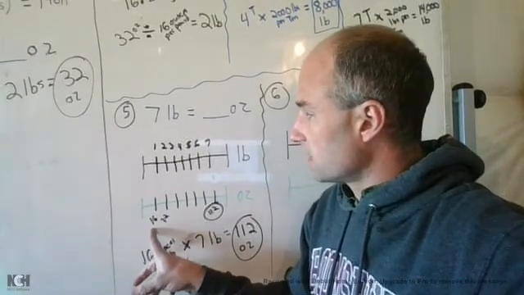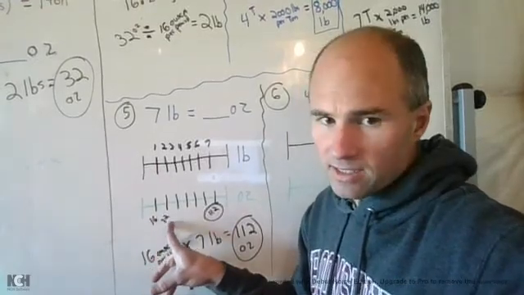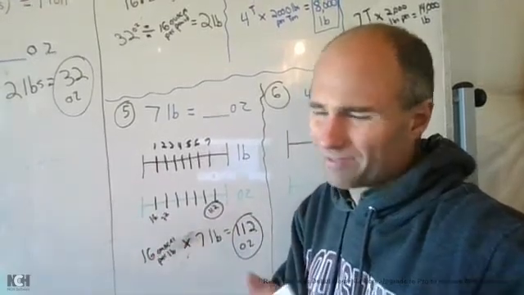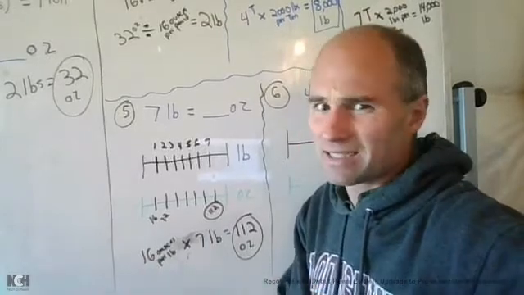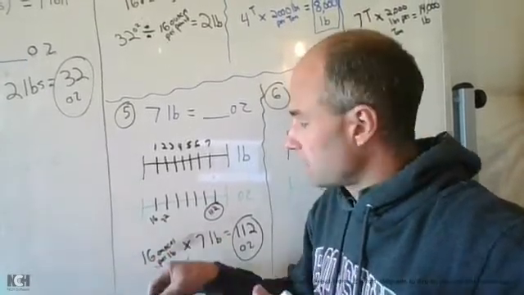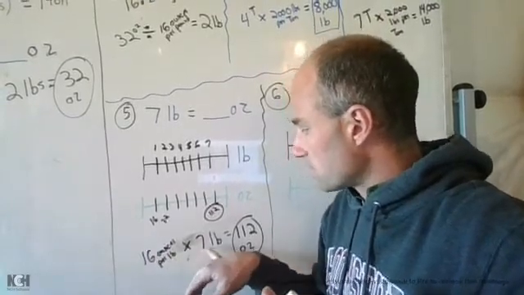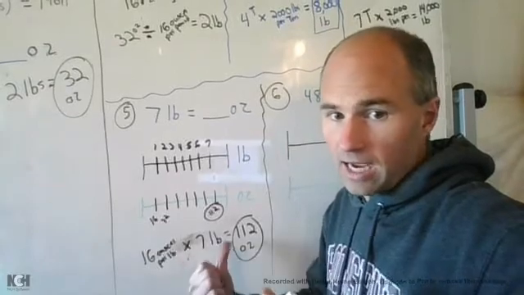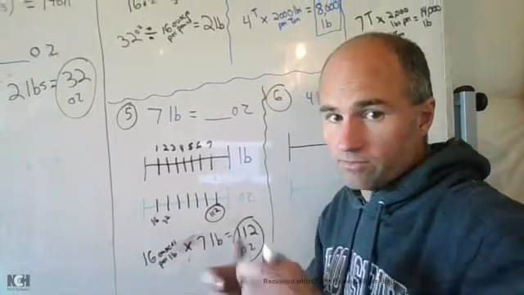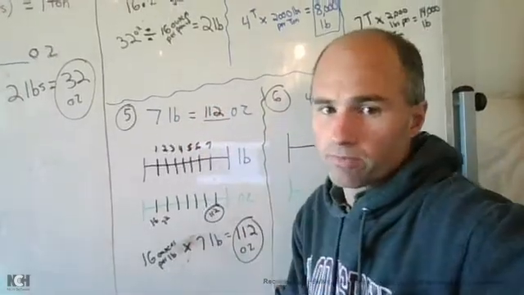So 16 ounces per pound. I started to count by 16s, and I said, wait a second, I don't want to have to count by 16s all the way up to do it 7 times. So I cheated, and I did my expression of 16 ounces per pound times the 7 pounds, and I got 112 ounces. So therefore, 112 ounces is 7 pounds.